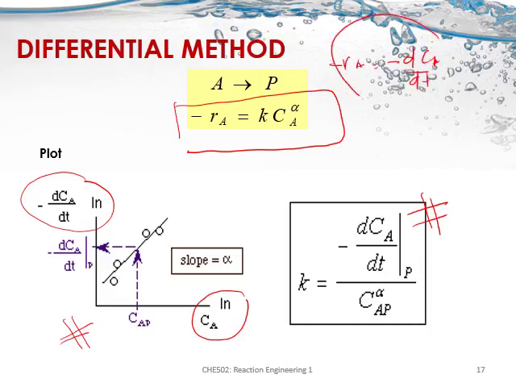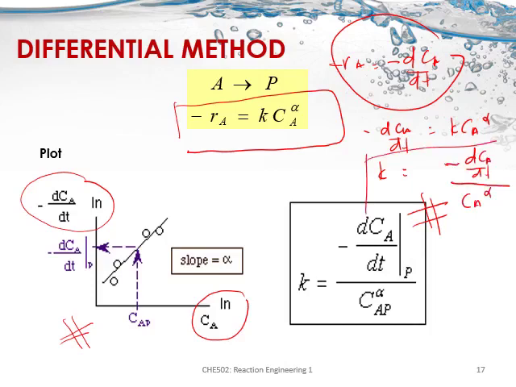These are the two important equations that you combine. So you have negative dCA over dt equals k CA to the alpha, so k equals negative dCA over dt divided by CA to the alpha, which is equivalent to this equation.